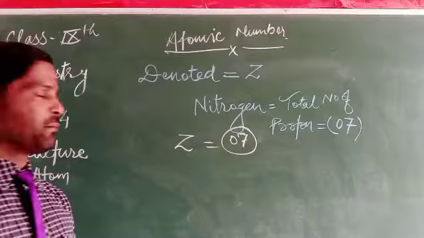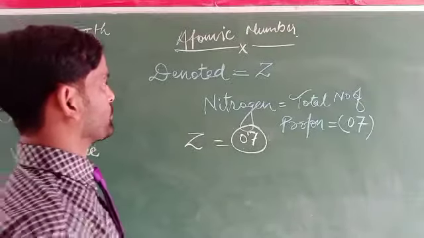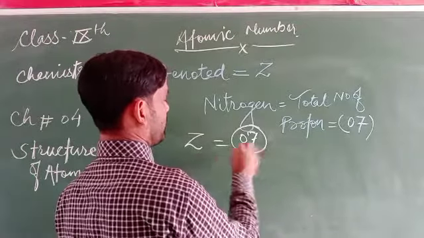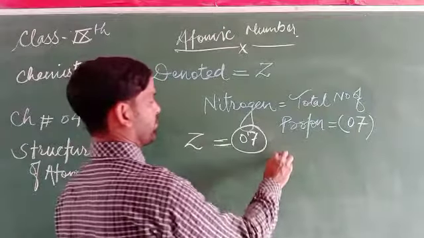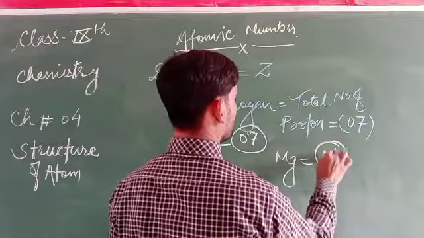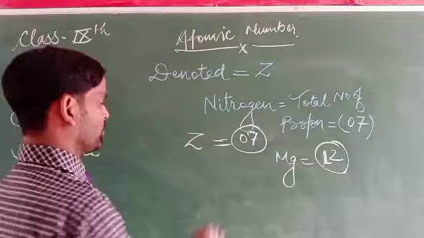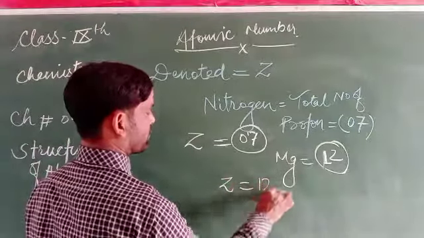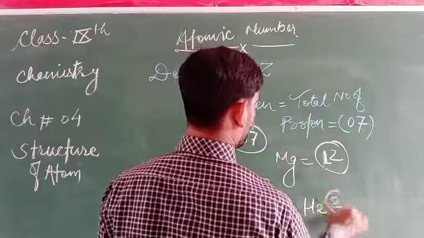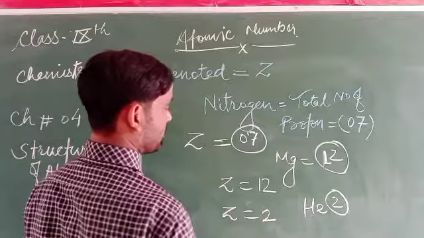So atomic number is what actually? It is 7. In case of magnesium, there are 12 protons, so Z is equal to 12. In case of helium, the number of protons is equal to 2, so there Z is equal to 2.